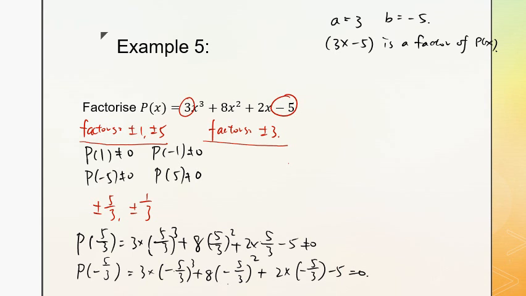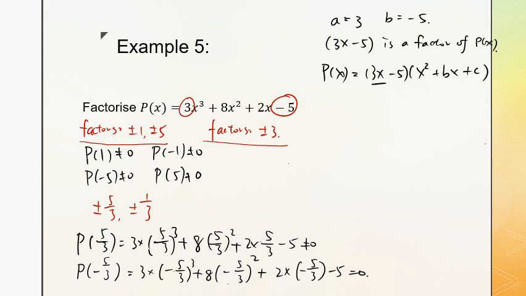Okay? Then again, we can do equating coefficients to find out the quadratic factor. Alright? So in this case, p(x) can be written as 3x minus 5 multiplied by x squared plus bx plus c.